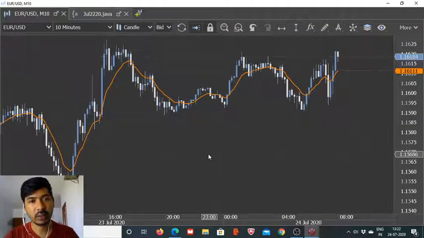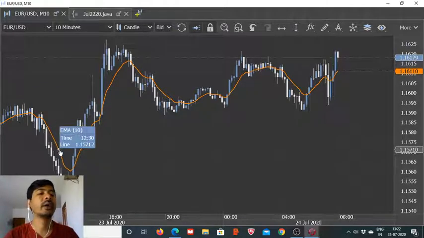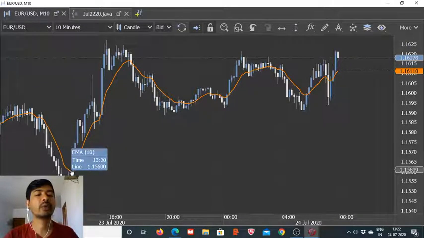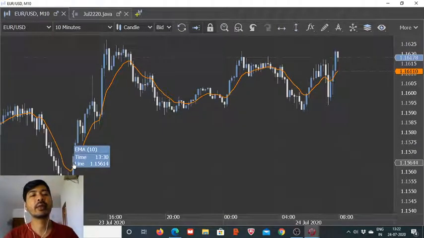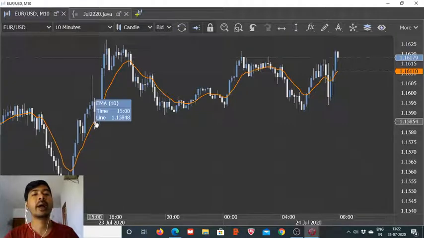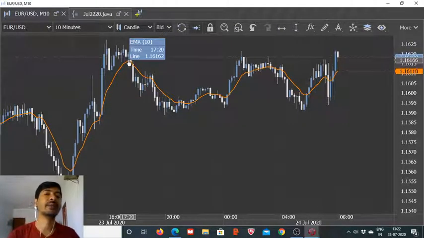Okay, we got this. As you can see, the EMA is having more weightage being given to the recent price action. Because of that, it is able to stay as close to the price action as possible, and it is also a function of the EMA's time period. When I mean time period, I mean the number of bars which are taken into account while calculation.